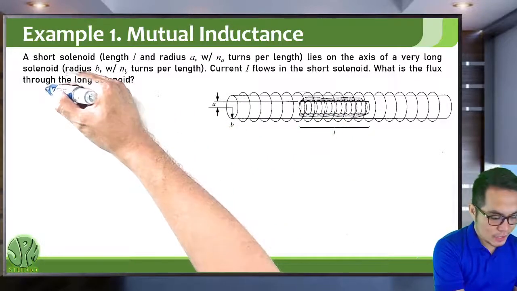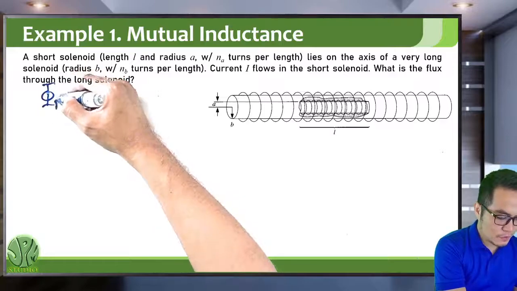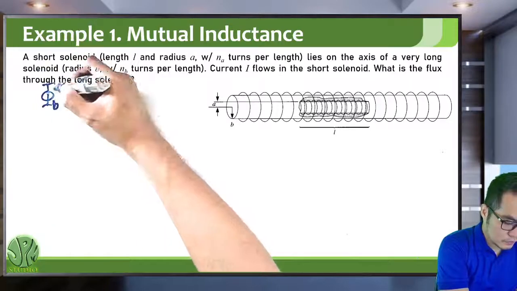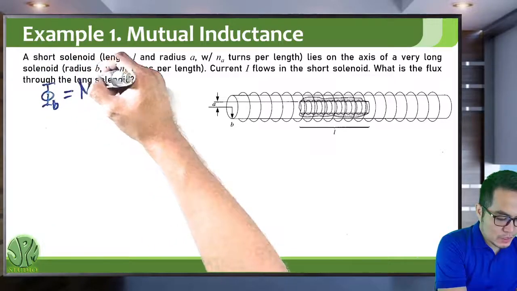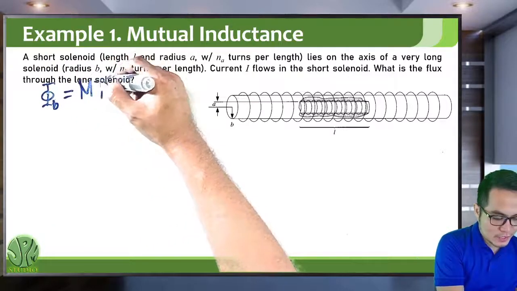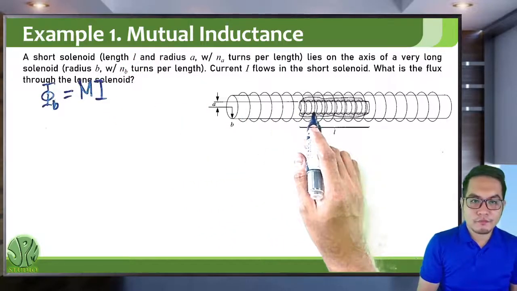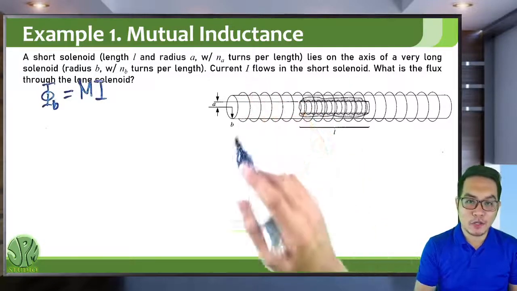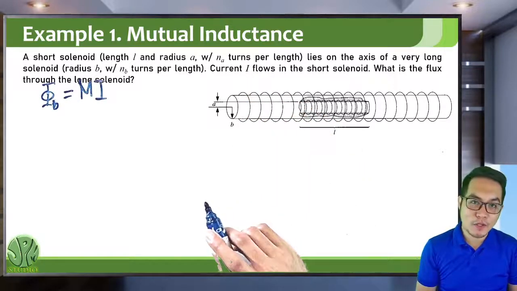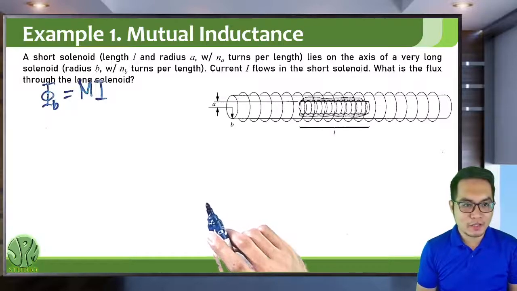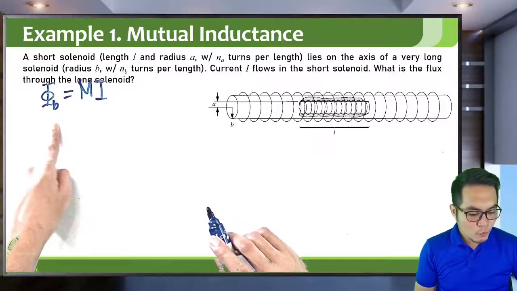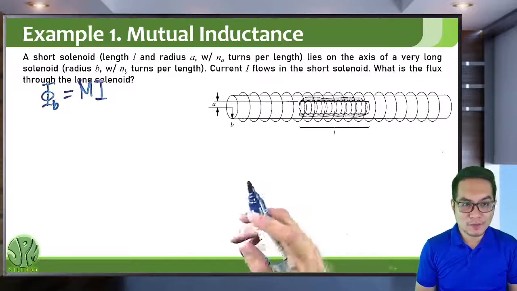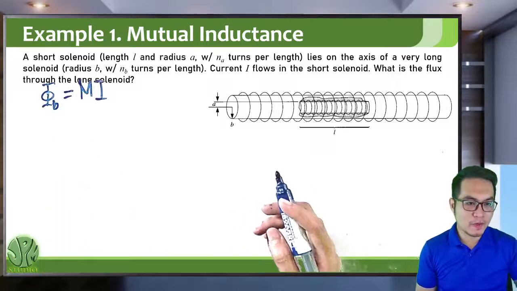So we have phi_b, the flux on b, and that's equal to the mutual inductance of the two loops times the current in loop A, which is I, the short solenoid. The short solenoid is A, the long solenoid is B. So we need to solve for M, the mutual inductance, first, before we can solve this problem.